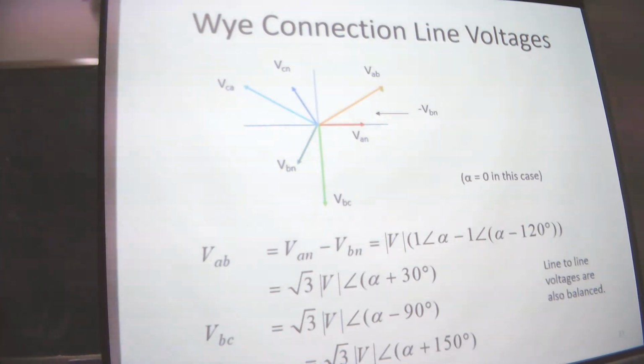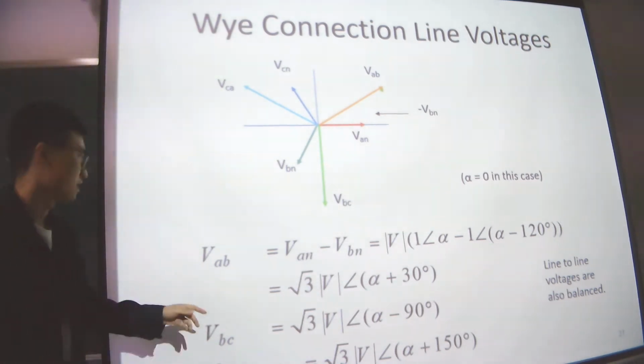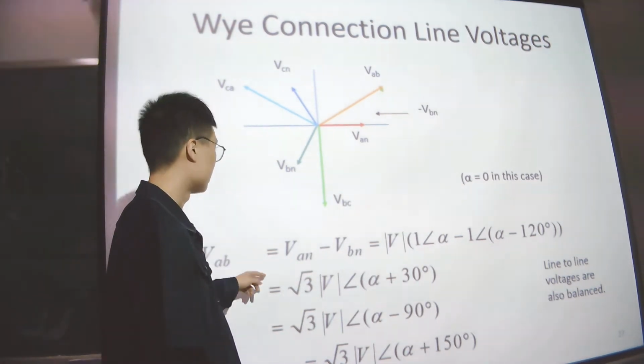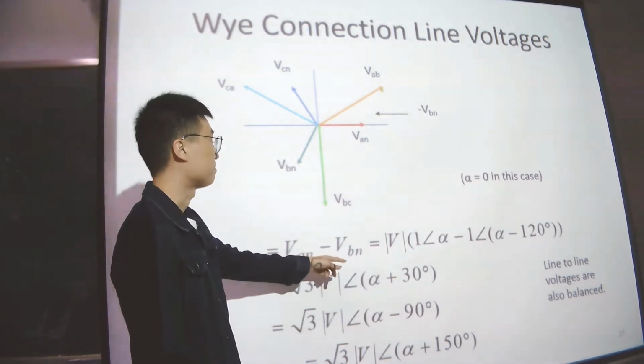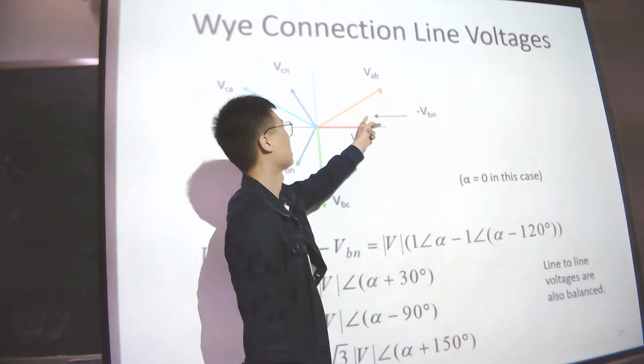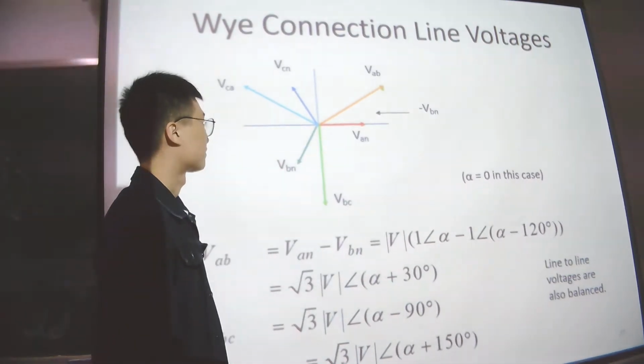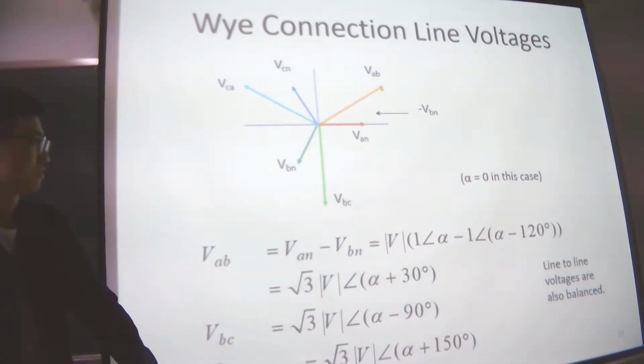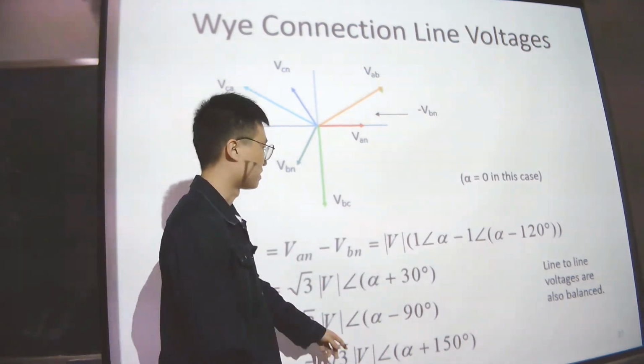That's why I said that geometry can be used to solve some of the questions in our classes. You can see that VAB is VA minus VBN, right? We can use this.